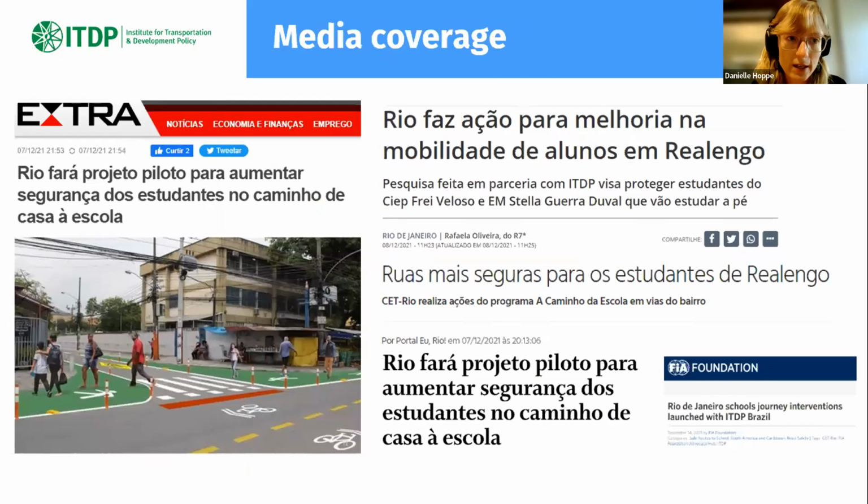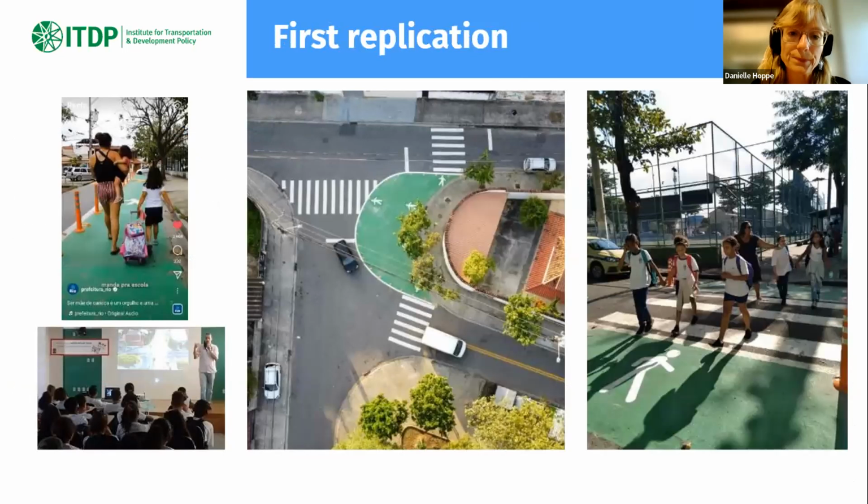The project got a lot of attention in the city, and they started replicating it, I guess, in March 2022. Yeah, I guess March. We implemented it in December, and in March or April they already had the first replication. For that reason, we didn't manage to go back and do the post analysis, which we were still planning to do.